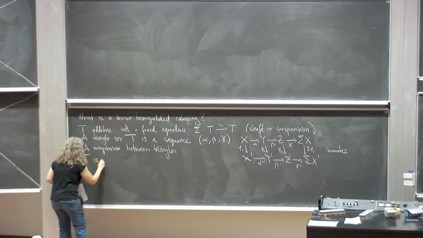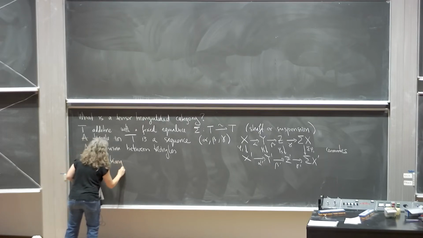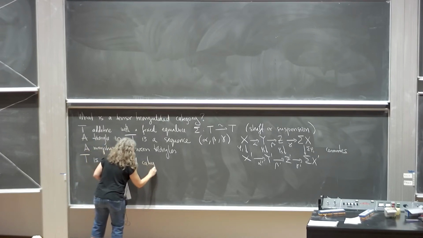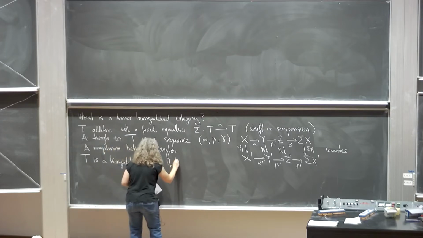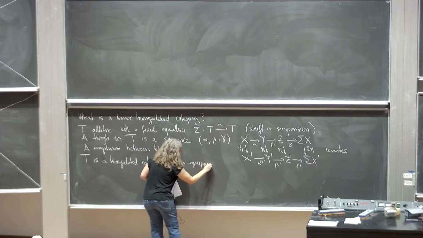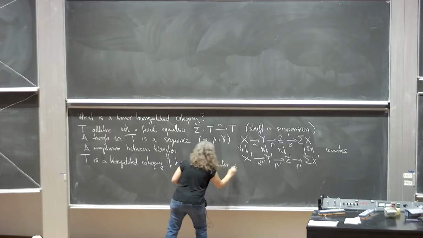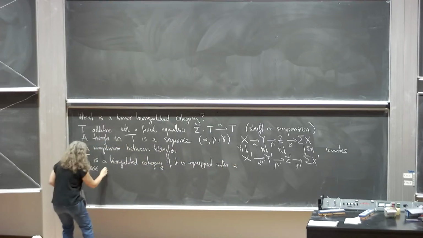We say that T is a triangulated category if it is equipped with a class of distinguished triangles.